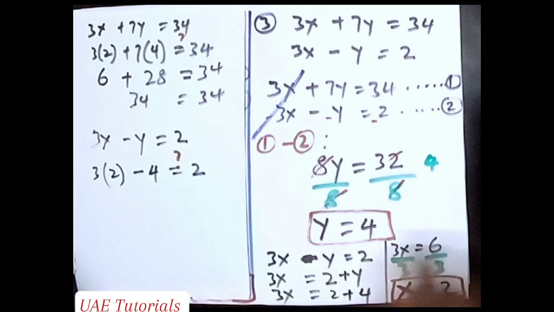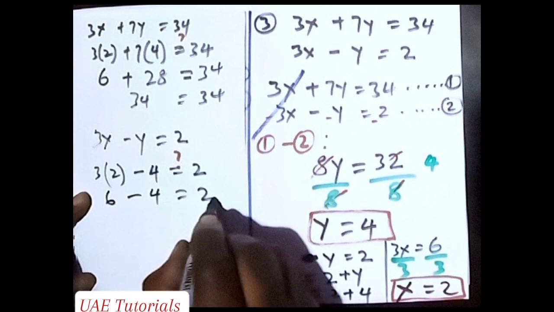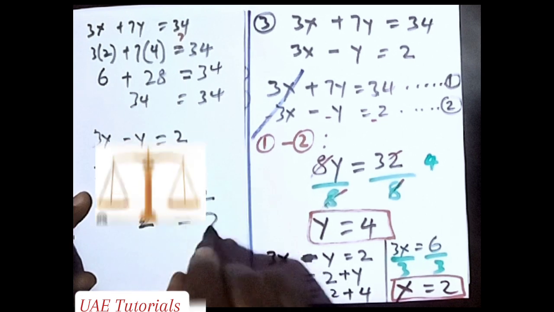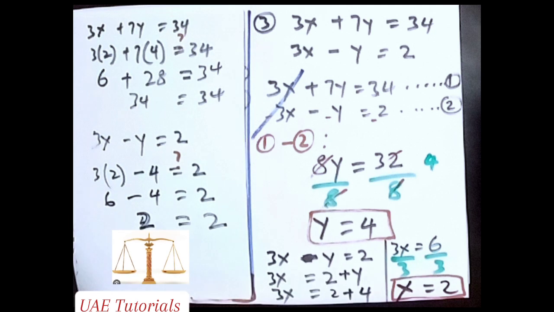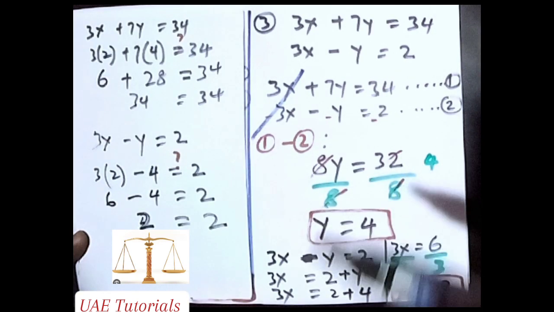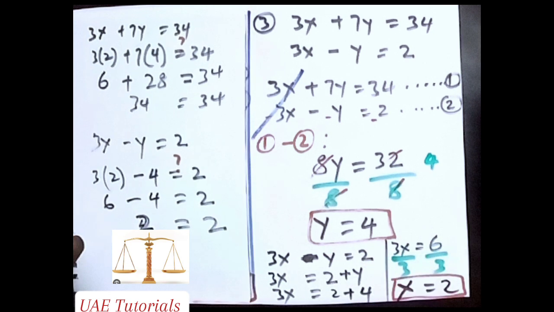If it is not satisfied, then our answers were not correct in the first case. So 3 times 2 is 6 minus 4. Hooray! 6 minus 4 is 2 and equals 2. So the equality sign is satisfied in both cases, meaning these two values, y equals 4, x equals 2, satisfy these original two equations, making them simultaneous equations. And this is the value of the variables for the simultaneous equations.